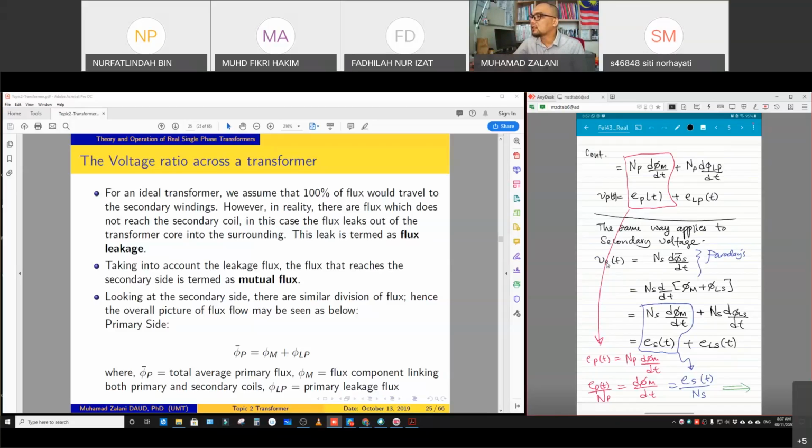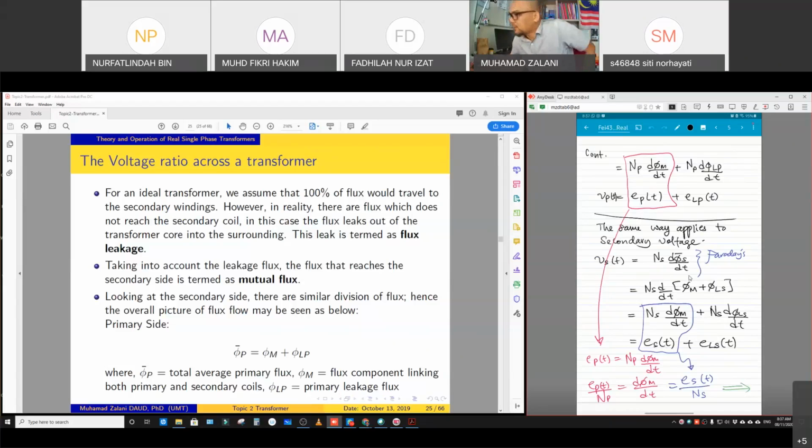So this is the equation for the secondary part. We do the same thing as the primary part until we get this pattern, where this part represents the potential because of the mutual flux, and this is the potential because of the leakage flux. So we get the equation of Vs equals to this equation.